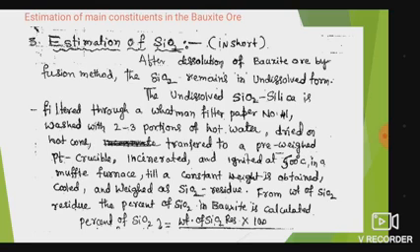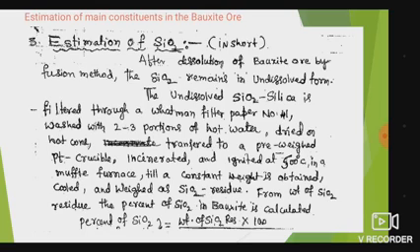The undissolved SiO2 silica is filtered through a Whatman filter paper number 41, washed with 2-3 portions of hot water, dried on a hot cone, transferred to a pre-weighed platinum crucible, incinerated and ignited at 500 degrees Celsius in a muffle furnace till a constant weight is obtained. Cooled and weighed as SiO2 residue. From the weight of SiO2 residue, the percent of SiO2 in bauxite is calculated.